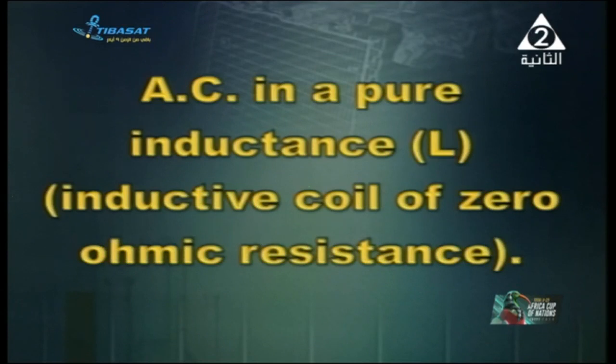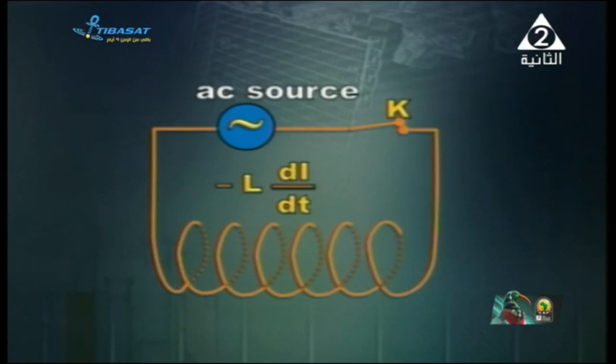And now talking about the second circuit, AC in a pure inductance. Pure inductance is denoted by L. It is an inductive coil of 0 ohmic resistance. It is shown in front of you. We'll apply Ohm's law of closed circuit here.